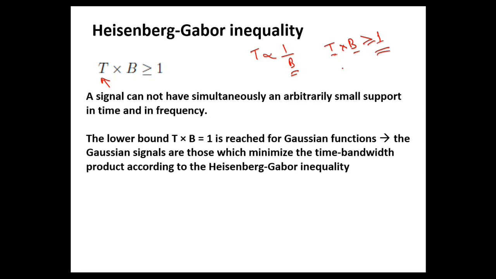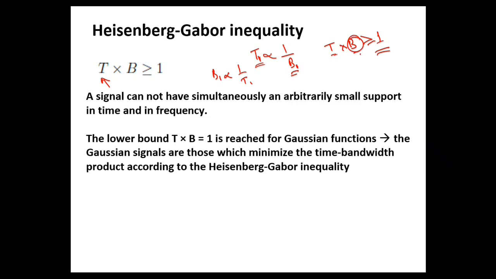And why is this so? For a particular t, say t1, we have a b1 factor. Now for b1, it would be 1 by t1.